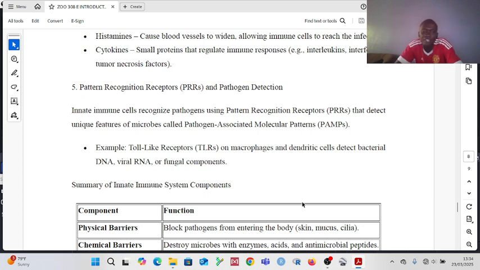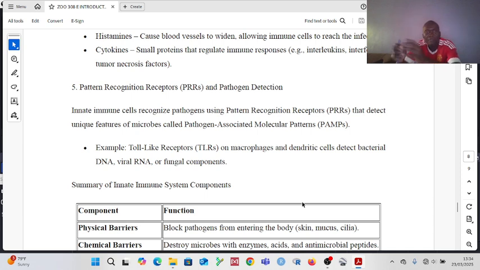Those unique features of microbes are what we call the pathogen-associated molecular patterns. So these are molecular patterns that are associated with the pathogens. So the immune cells that work with the innate immune system recognize these molecular patterns that are associated with the pathogen. Once they recognize those, then wanajua this is a pathogen. Then now they swing into action because they've recognized that this is a pathogen. Okay, so the pattern recognition receptors, that is what leads to the pathogen detection.